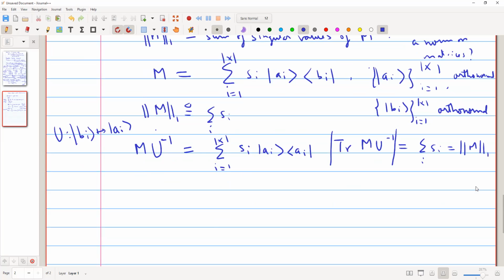Now, let's go ahead. Let us say I look at any other matrix M V inverse. And let us say V is sending the basis to some orthonormal basis C_i.